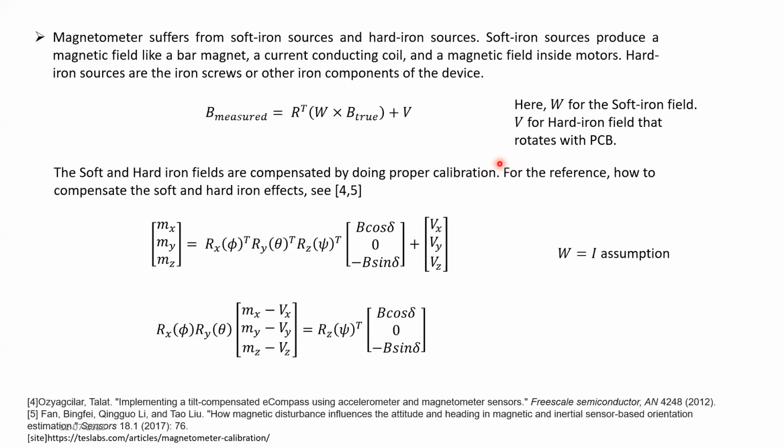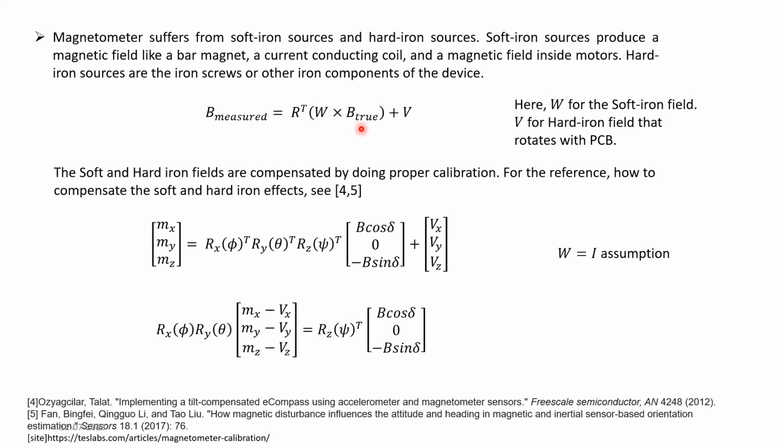Okay. So now let's say these are the measurements. Let's say my B measurements are with respect to the body frame, because my magnetometer will give measurements with respect to the inertial frame only. So I want the measured value with respect to the body frame, and this is B true. And the magnetometer is also not a true measurement sensor.